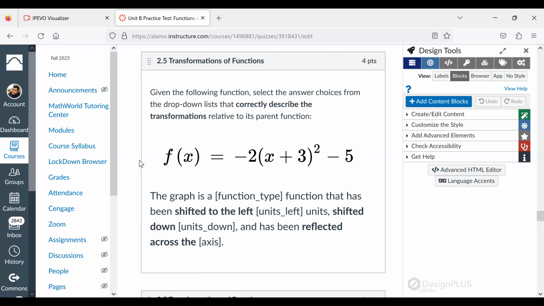This is a parabola reflected on the x-axis, shifted three units to the left and 5 units down.